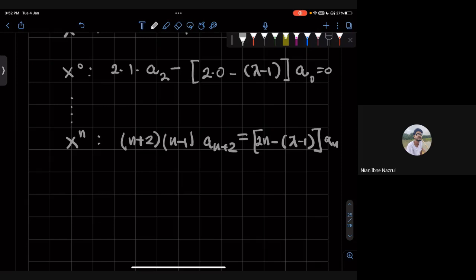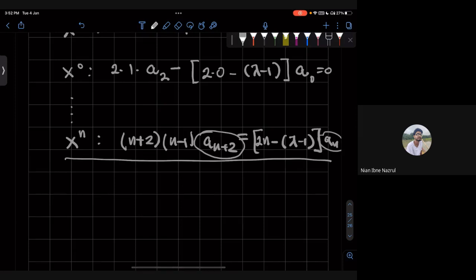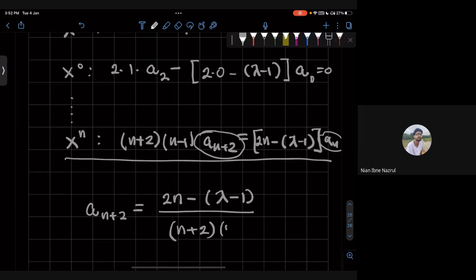So in general, this is the equation we get. And what is this equation? This equation relates this coefficient to this coefficient. This is what is known as a recursion relationship. So we can rewrite a(n plus 2), express it as (2n minus lambda minus 1) divided by (n plus 2)(n plus 1), a(n). So this is the recursion relationship if you want.